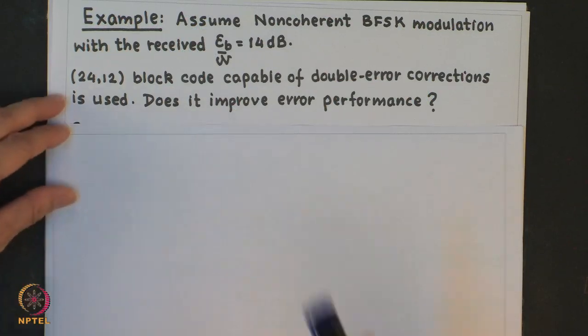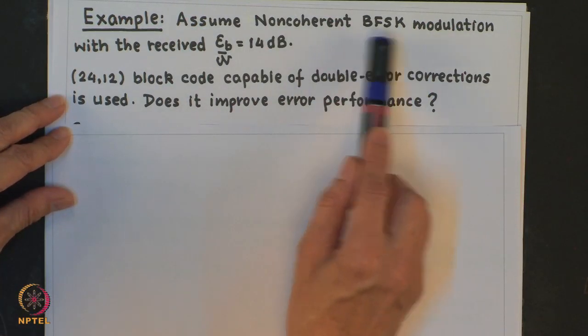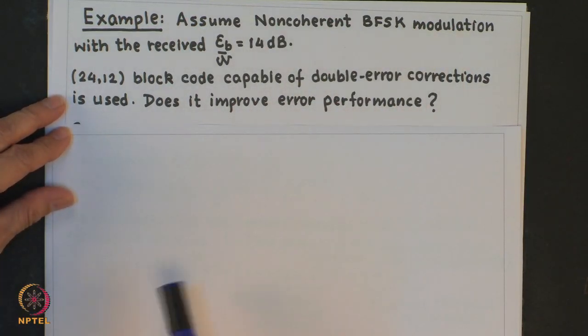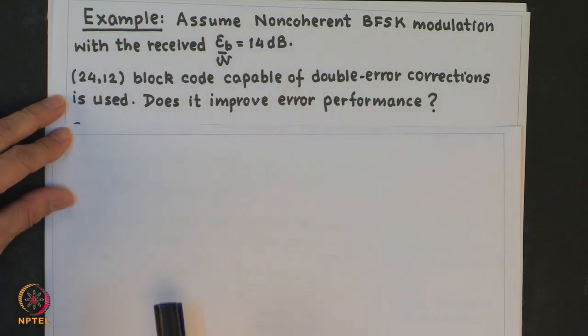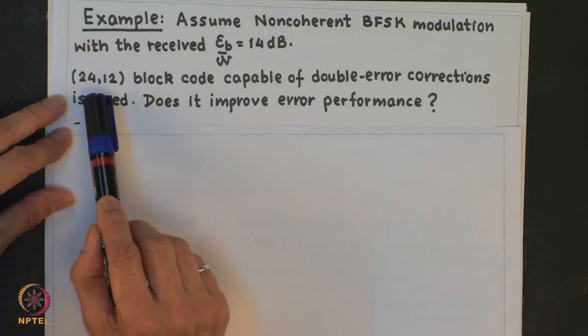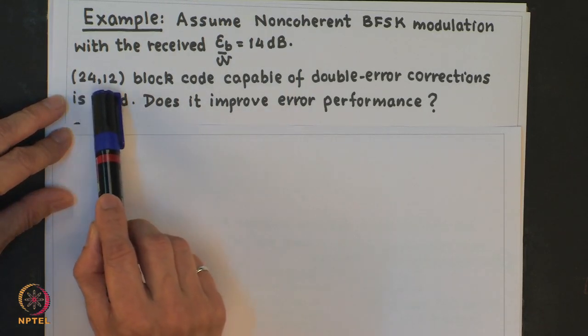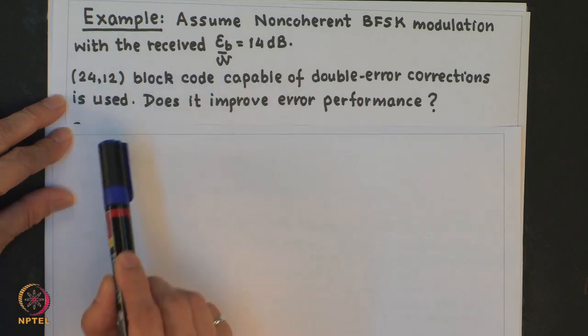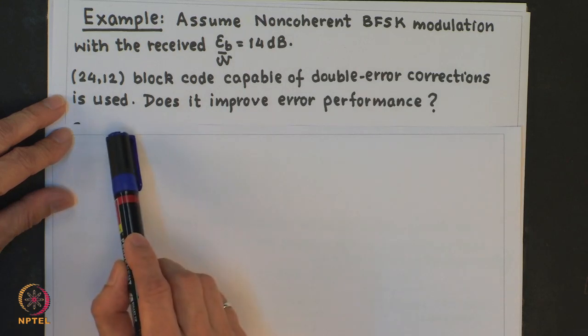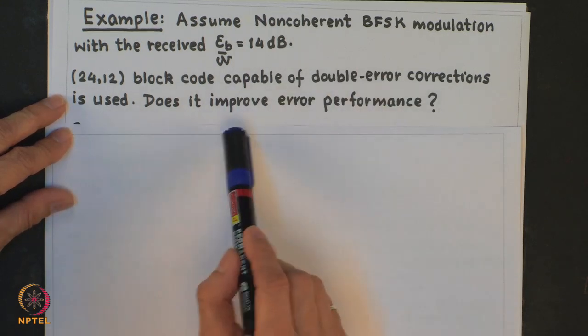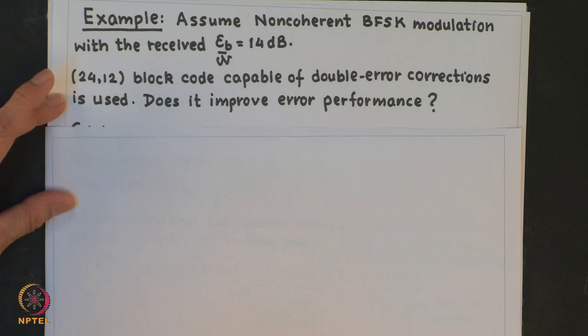So, let us assume that we have a non-coherent BPSK modulation with the received SNR per bit to be 14 dB, and we are also permitted to use a (24,12) block code, which is capable of double error correction, and we will see whether this will improve the error performance.